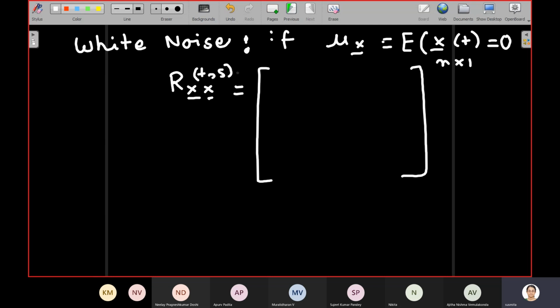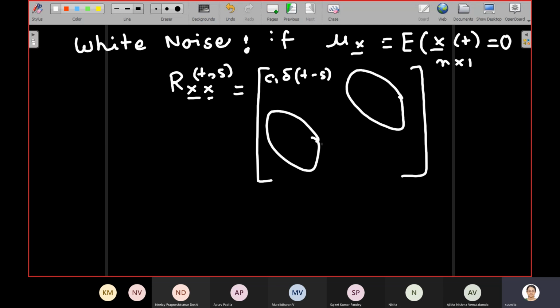You are considering two time instants, t and s, and n dimensions. It's a diagonal matrix. All the off-diagonal terms are zero. Only diagonal terms are there. And in the diagonal terms, we have delta functions.